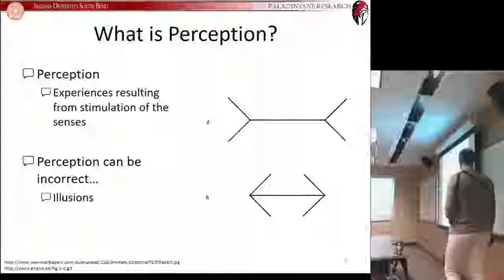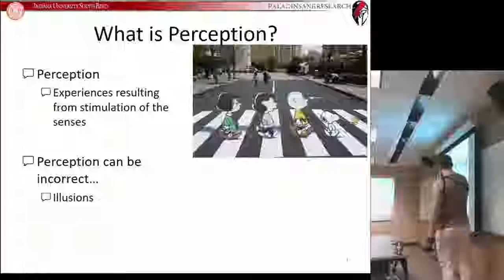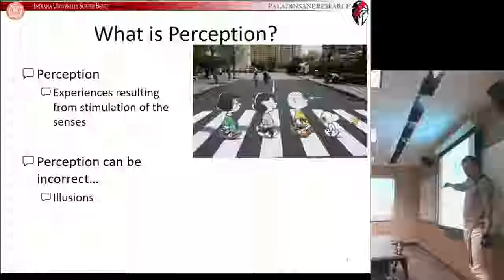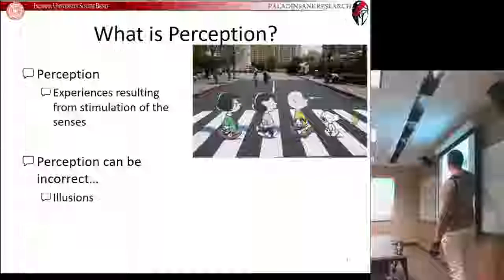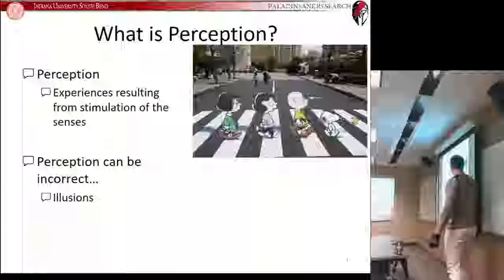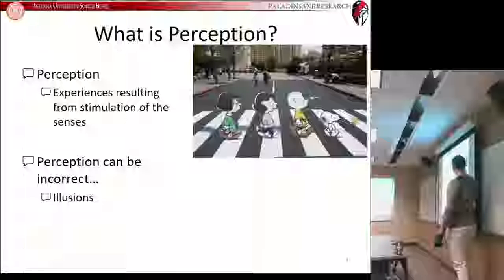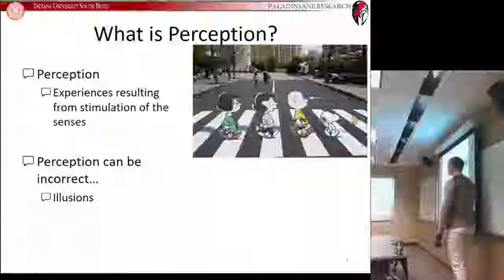Here's an example of a more elaborate illusion. So this is the road from the Abbey Road cover of the Beatles, but somebody has erected the Peanuts cartoon characters on it.